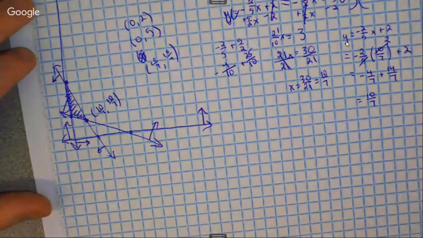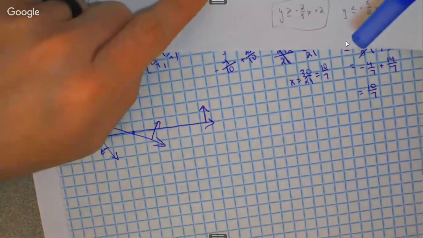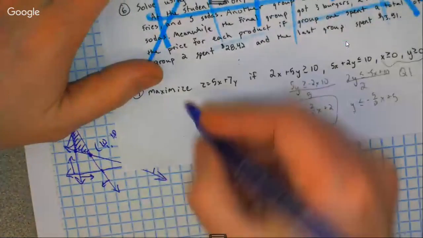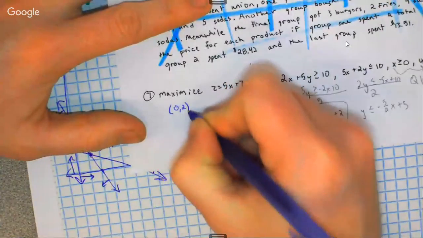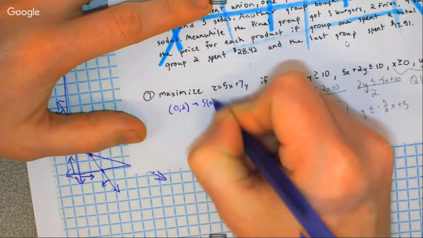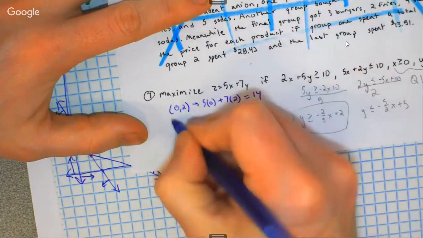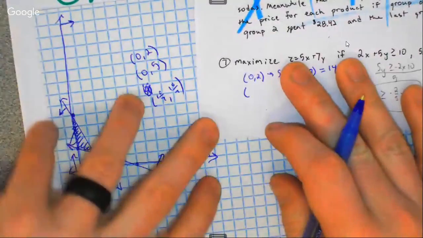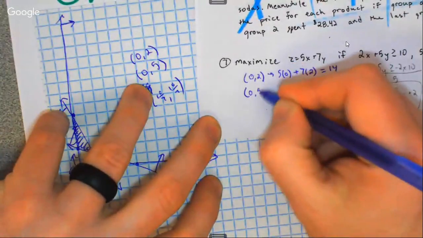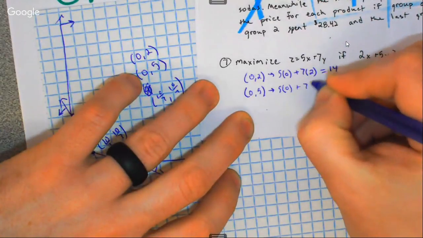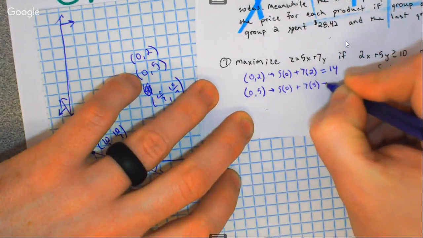Now we're going to take our optimization function, which is right here, and we have to plug those 3 points in to see which one is the max. So when I plug in 0, 2, I get 5 times 0 plus 7 times 2, which is 14. When I plug in 0, 5, I get 5 times 0 plus 7 times 5, which is 35.